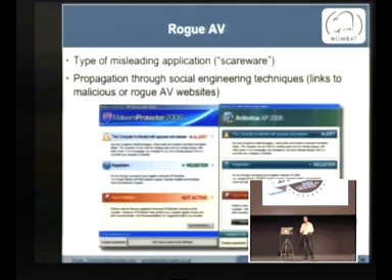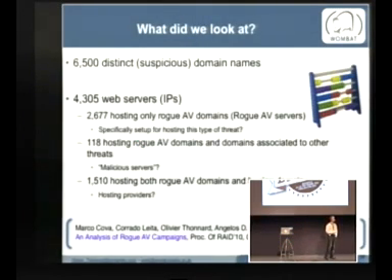The purpose is, of course, to make money, because when you install it, it will ask you for money to get the full version, but in fact it is just fake software, so it does almost nothing. Here you have some screenshots of rogue AV software, such as Malware Protector or Antivirus XP 2008. And we see more and more samples of that kind of threat.